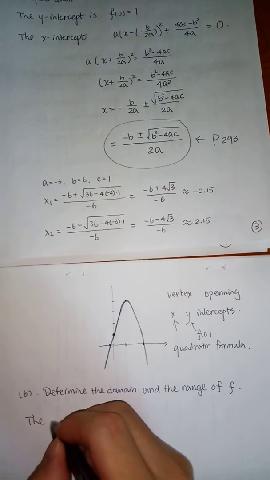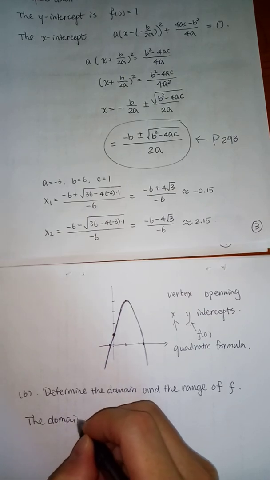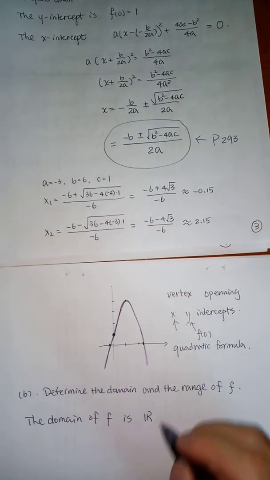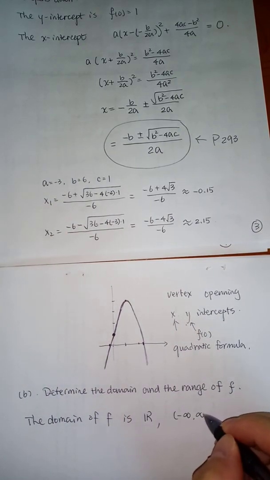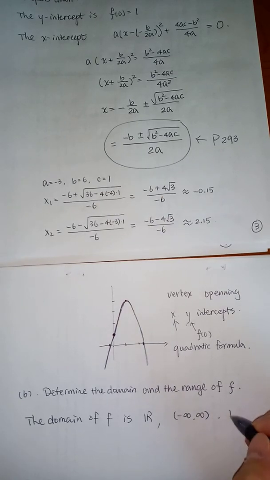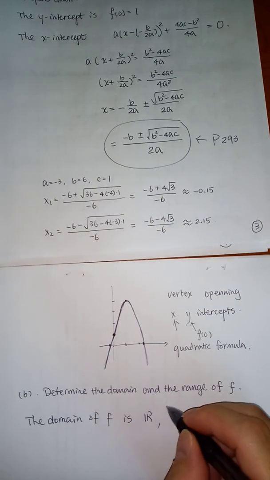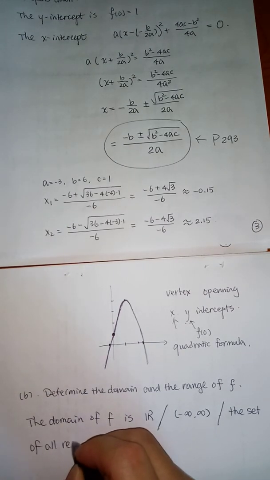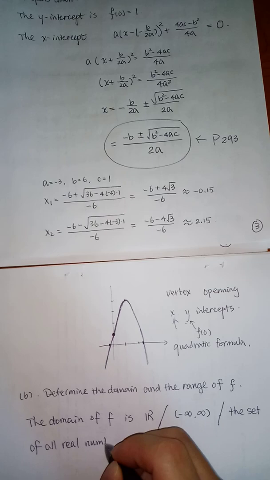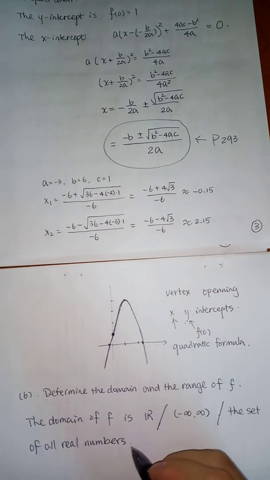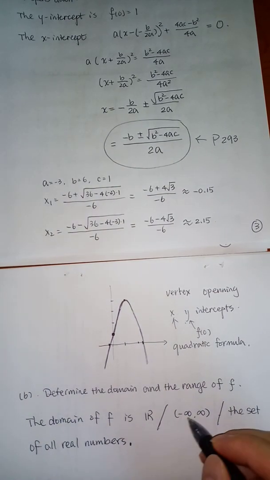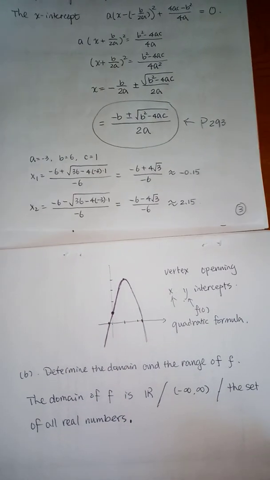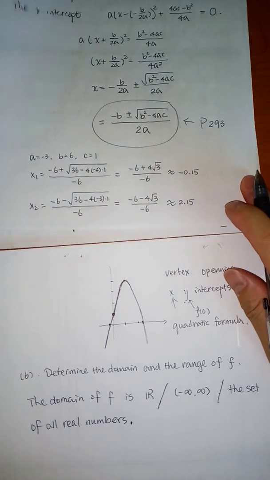The domain of f is always, you can write it like R, or you can write negative infinity to positive infinity, or you just say the set of all real numbers. Okay, so either works. Or you use a verbal definition, the set of all real numbers. Okay, this is the domain.